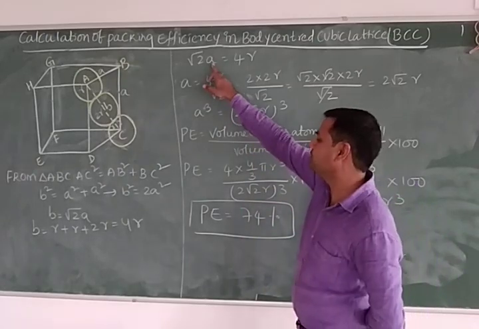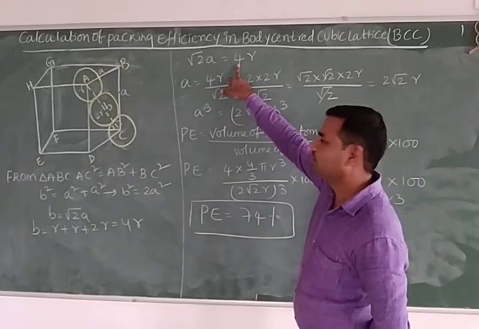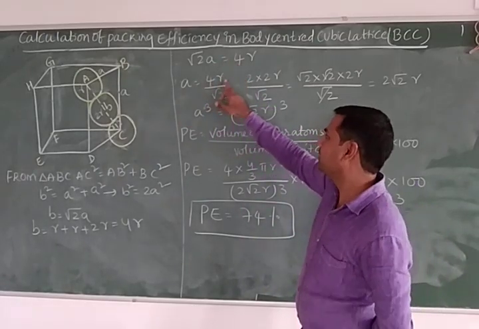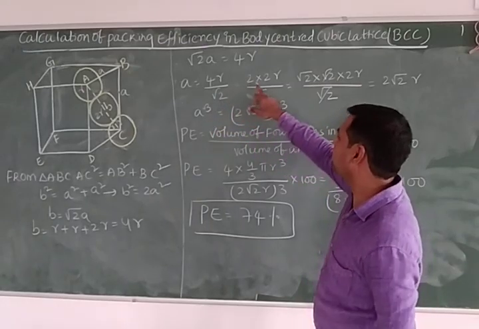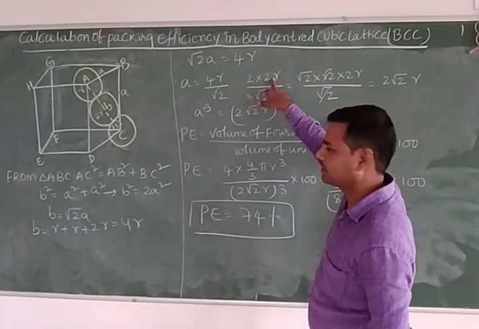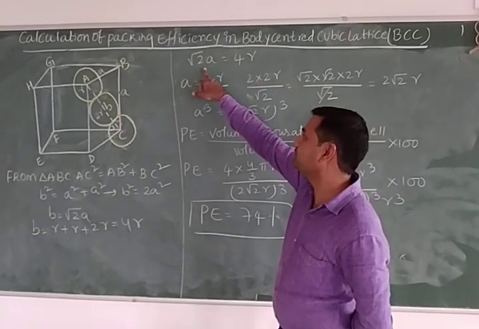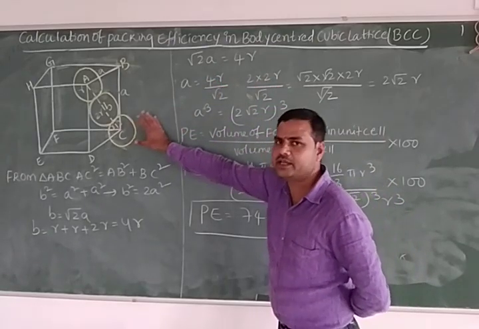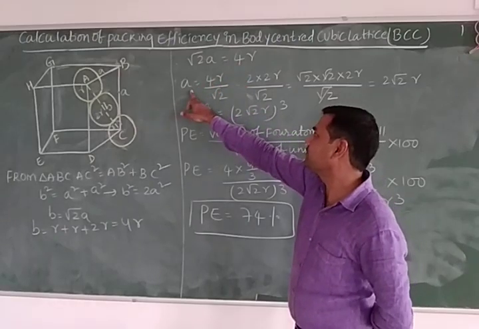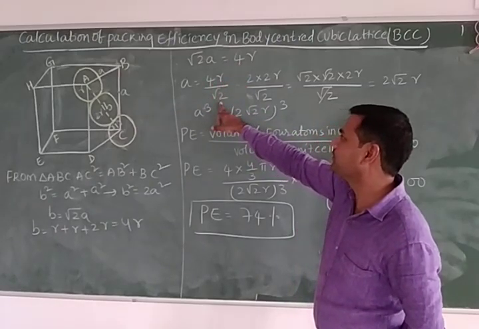Now I am writing root 2 a is equal to 4r. Okay, a is equal to what? 4r by root 2. 4r can be written as 2 into 2r. Is it clear now? Once again, from the equation we got root 2 a, from the sphere radii we got 4r, and a is equal to 4r by root 2.